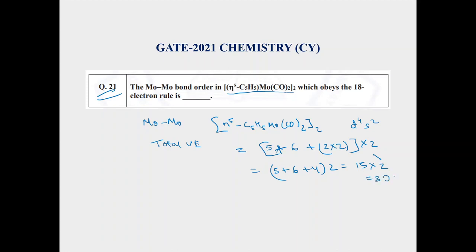Okay, everyone got this answer? Okay. So we have a total of 30 valence electrons for this complex. This is the structure of this complex.